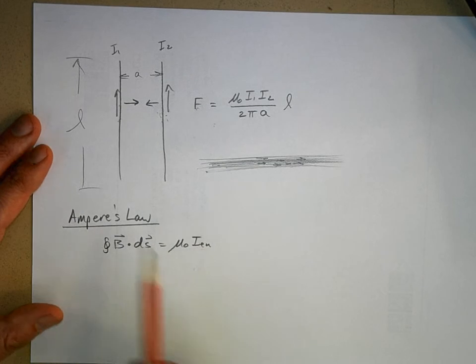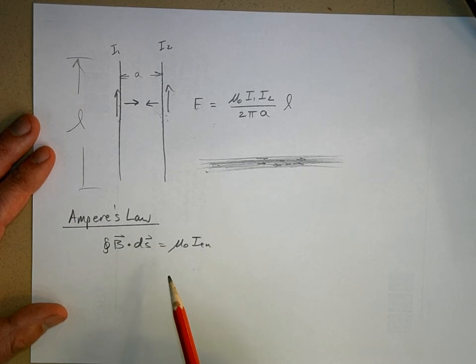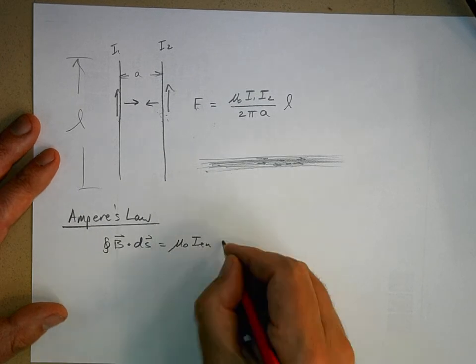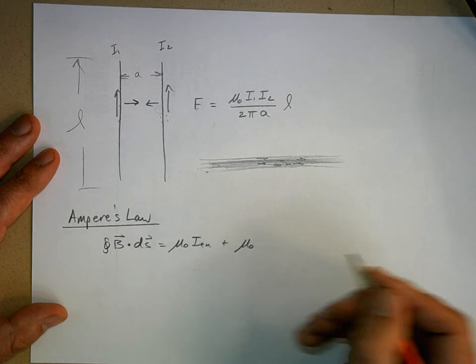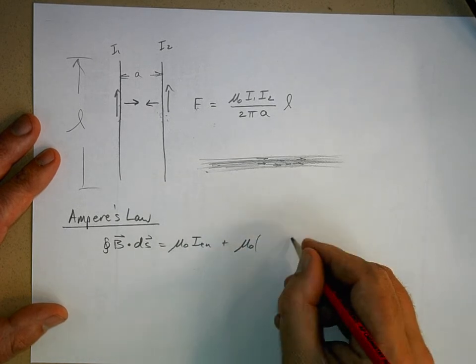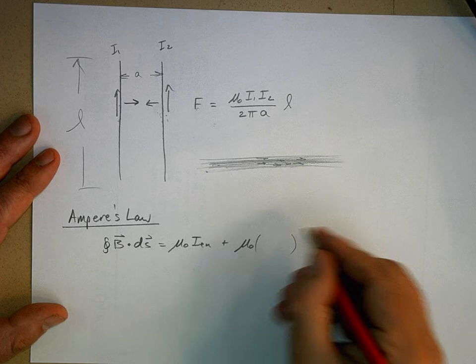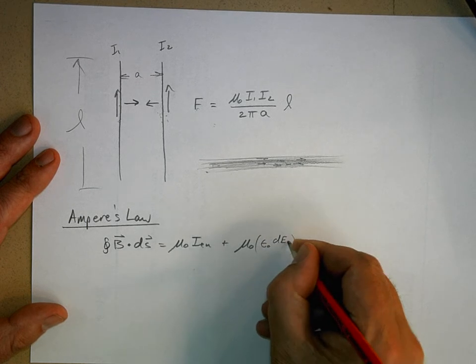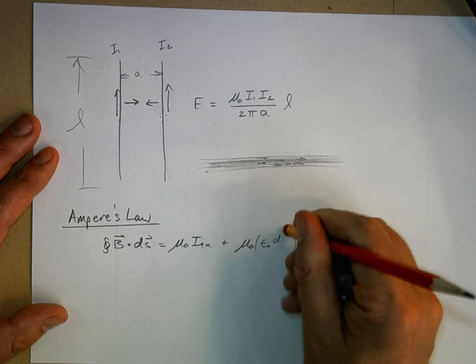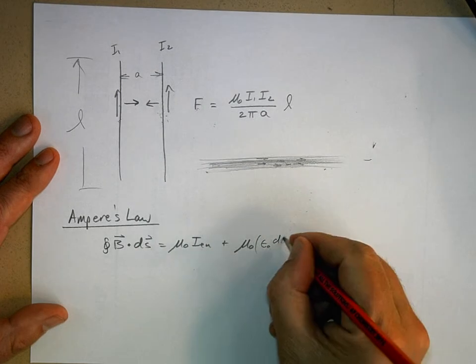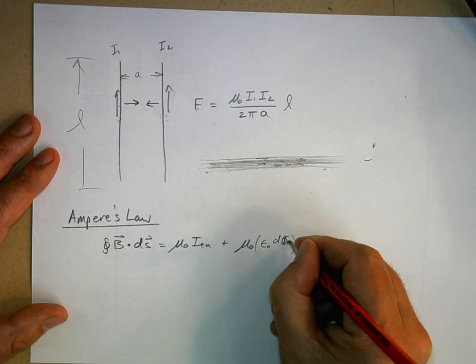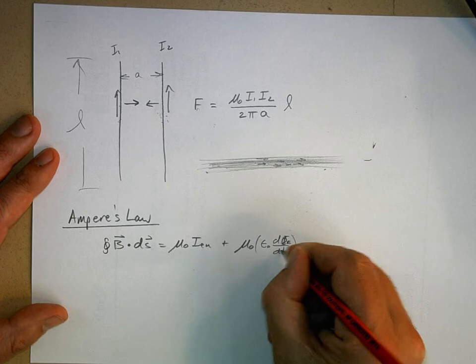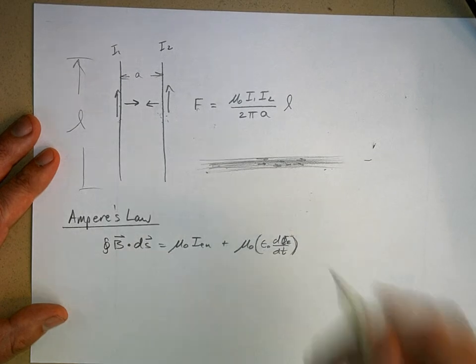Then we added something to it: mu naught times this thing we call displacement current, which is really epsilon naught times the rate of change of electric flux.